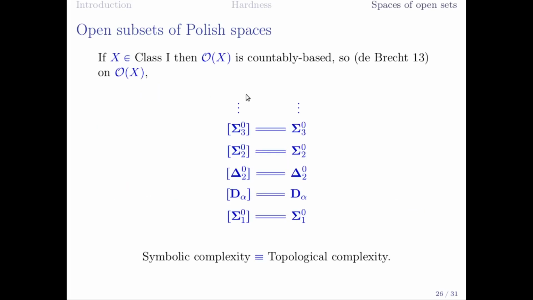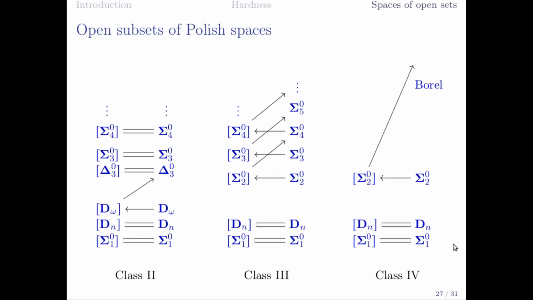So for class 1, everything is fine because O of X is countably based, so we have full agreement between symbolic and topological complexity there. And for the other classes, we get a quite complete picture where you see all the relations that we have between the levels.